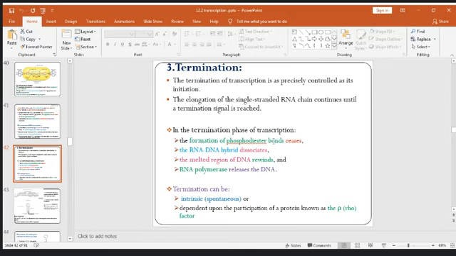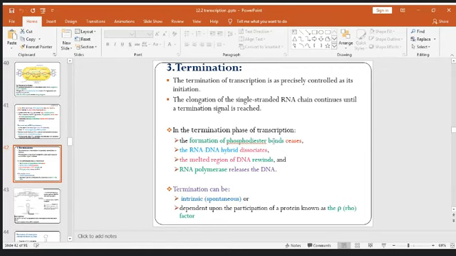The RNA-DNA hybrid dissociates, the melted or unwound region of DNA is rewound again, and RNA polymerase is released from the DNA strand.